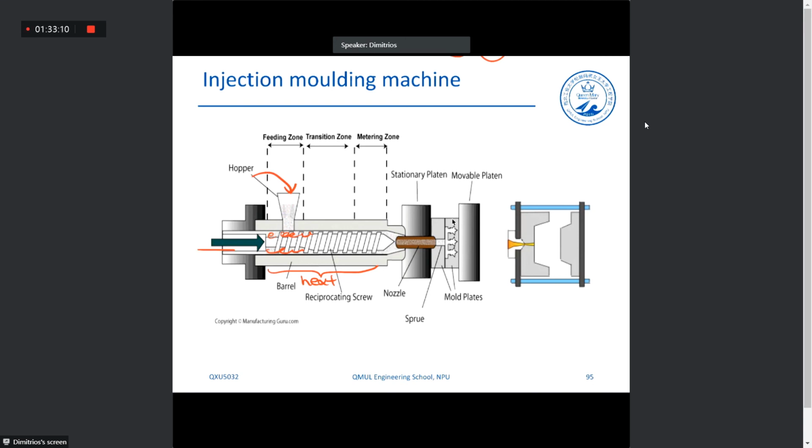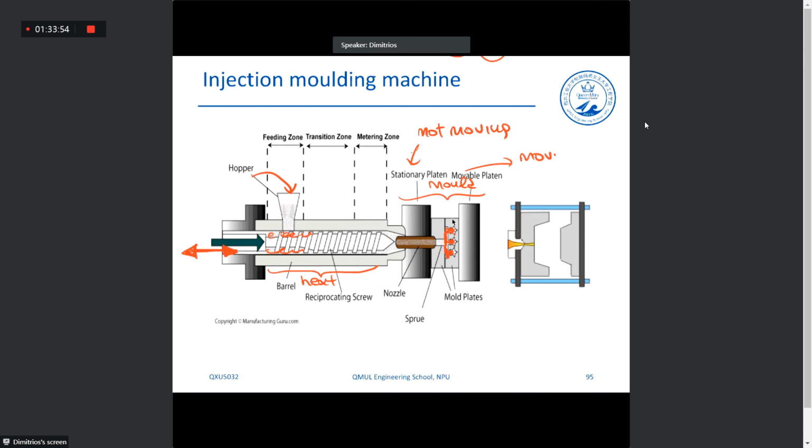And as I told you, the mold consists of a positive and a negative side. So there is a reflection of the mold, essentially. We have a stationary platen that is not moving, and a movable platen that's moving. Once we fill our mold, we usually have a cooling system. So the polymer is solidified within the mold, and after solidifying, we use the movable platen to remove the part from there and be able to use it.